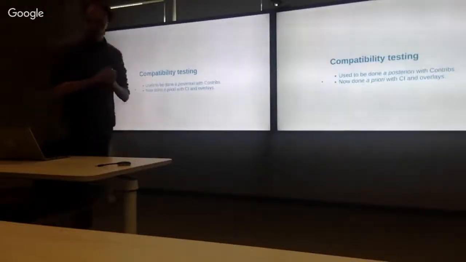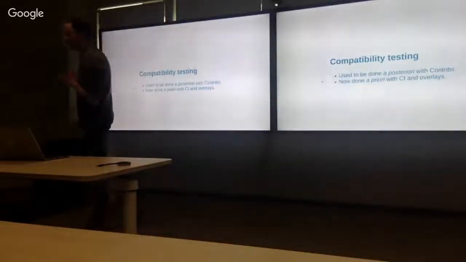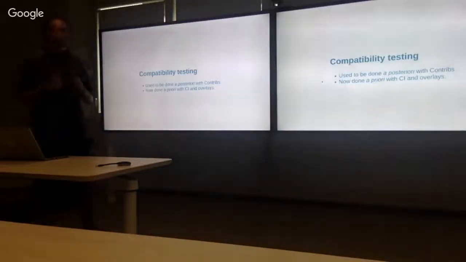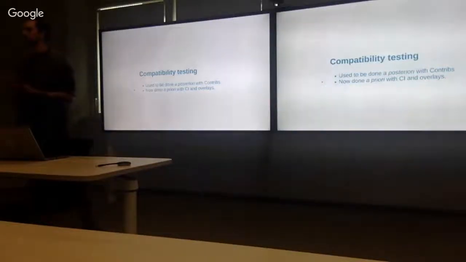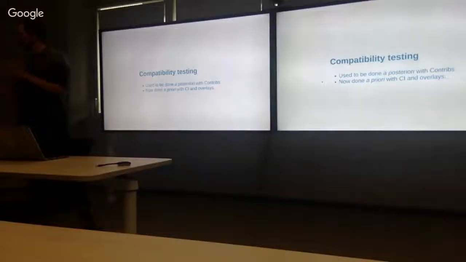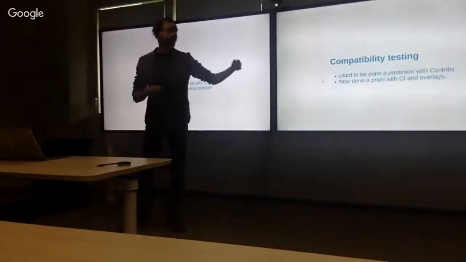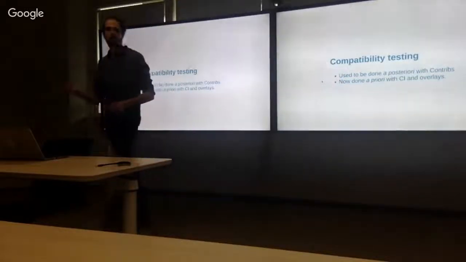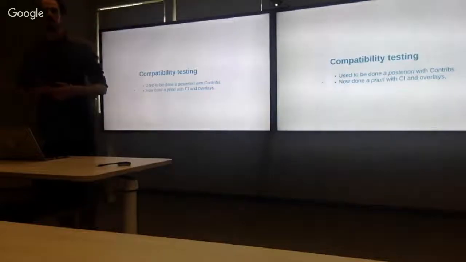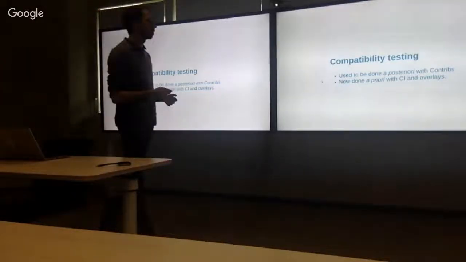Another purpose of Coq contribs was compatibility testing, and that's also a reason why there was this duality. It was to be done a posteriori with contribs, because people committed in the trunk and then they just fixed the contribs so that they would still compile.